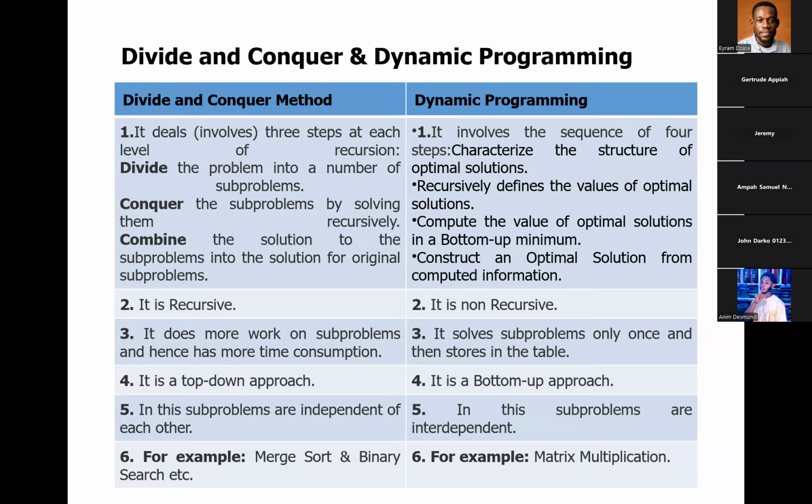Some examples for divide and conquer are merge sort and binary search. We talked about the binary search especially. And an example of dynamic programming is matrix multiplication.